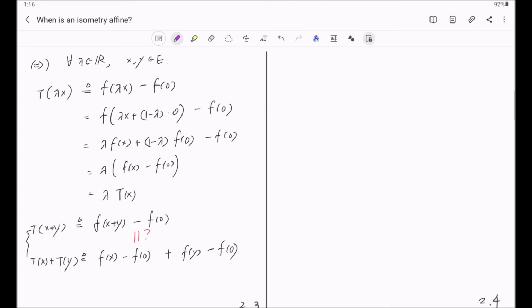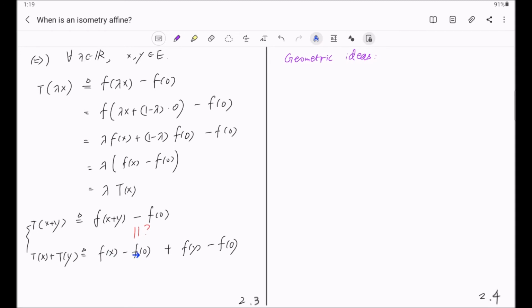And to this end, again, we are going to use some geometric ideas. The goal is to combine those two guys so that we can compare it with the first line. We are going to look at this picture. Say this point is f of 0, and this is f of x, and this is f of y.